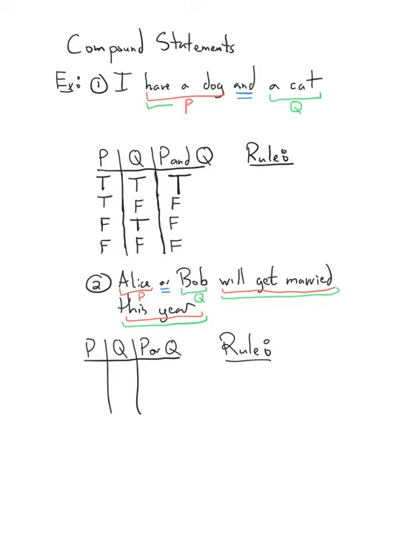So the rule is the compound statement P and Q is true exactly when P is true and Q is true.